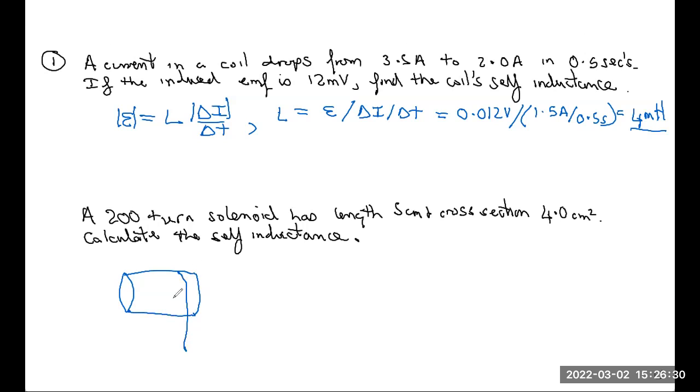So if I was to picture this solenoid, here's the kind of windings of the solenoid. I'm not going to draw 200 of them, obviously. Here is the length of the solenoid. That's 5 centimeters, we're told that. Here's the cross-sectional area of the solenoid. That's 4 centimeters squared, we're told that.